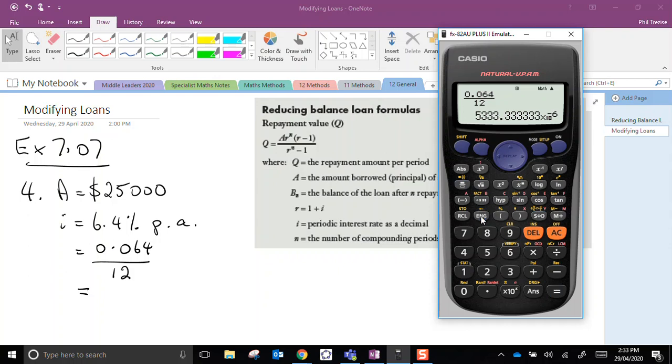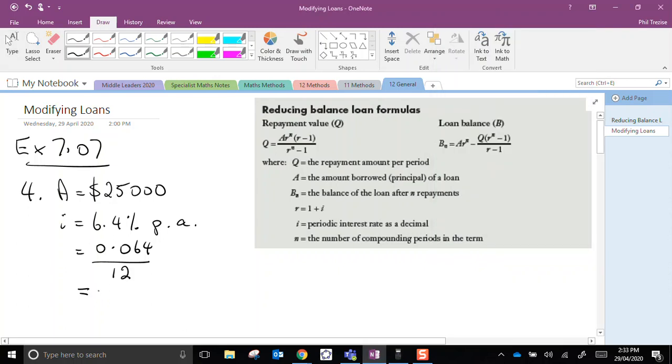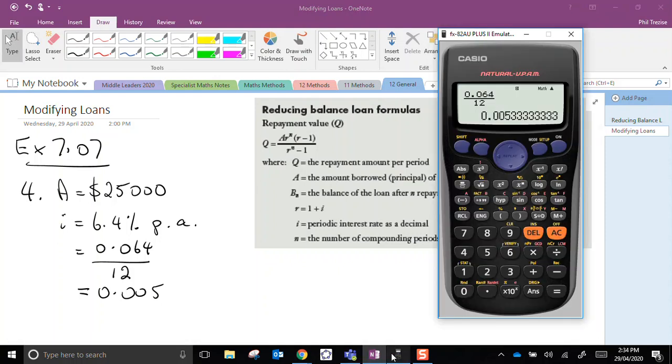I wanted it as a decimal. I would not really want to be writing down 0.005 and so on on my page, but I don't want to round off too much. If I round off too much in my calculations, I'm going to get errors.